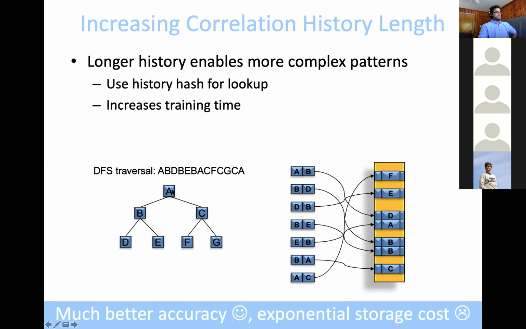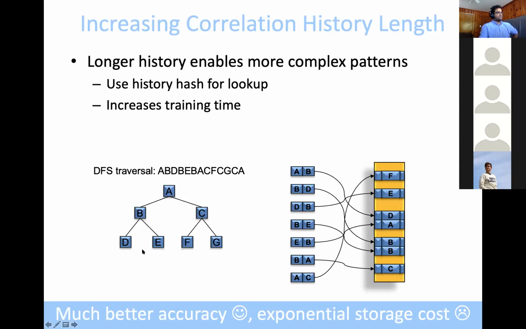So if I was DFS traversing this tree, right? First of all, everybody's familiar with DFS traversal. Somebody not familiar with that? Okay, I'm going to take that as everybody knows what I'm talking about.